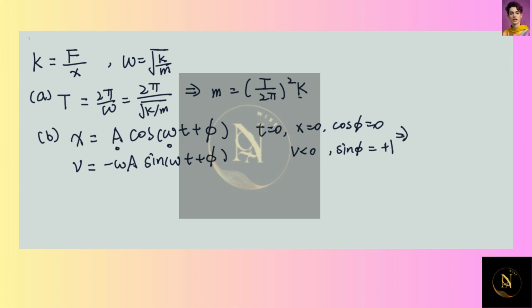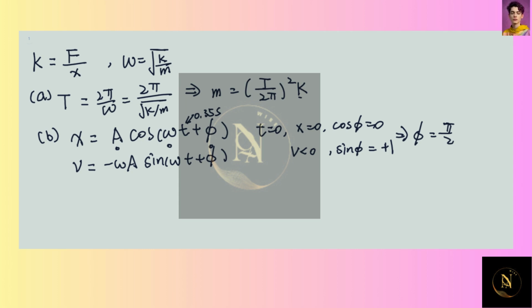From this equation, we know that phi is going to be equal to pi over 2. So we also know phi. We know the whole expression of our position. All we need to do is plug in the number 0.35 into here, and you can find where your object is.